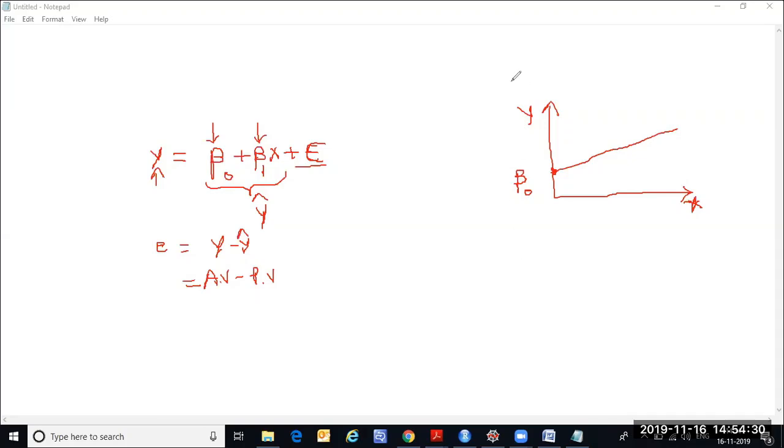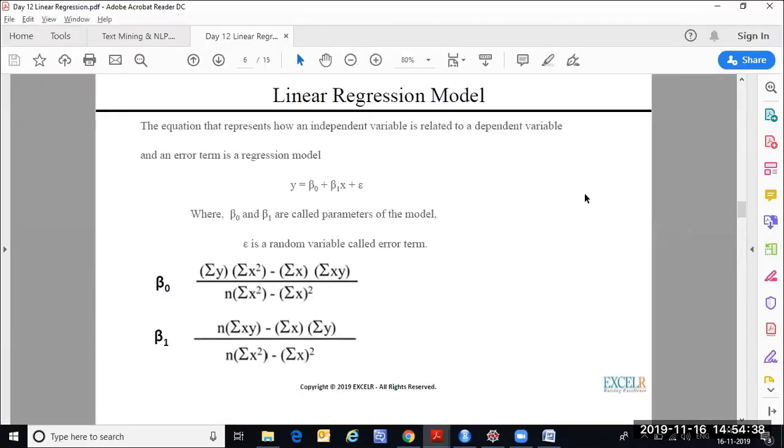Y is the output variable and x is the independent variable or input variable. Both beta naught and beta 1 are called parameters or coefficients, and epsilon is the error term.